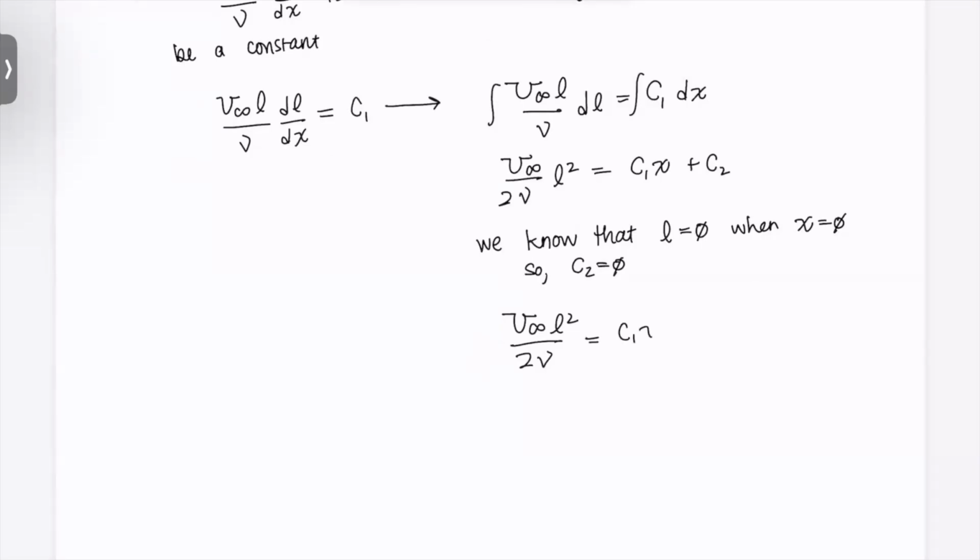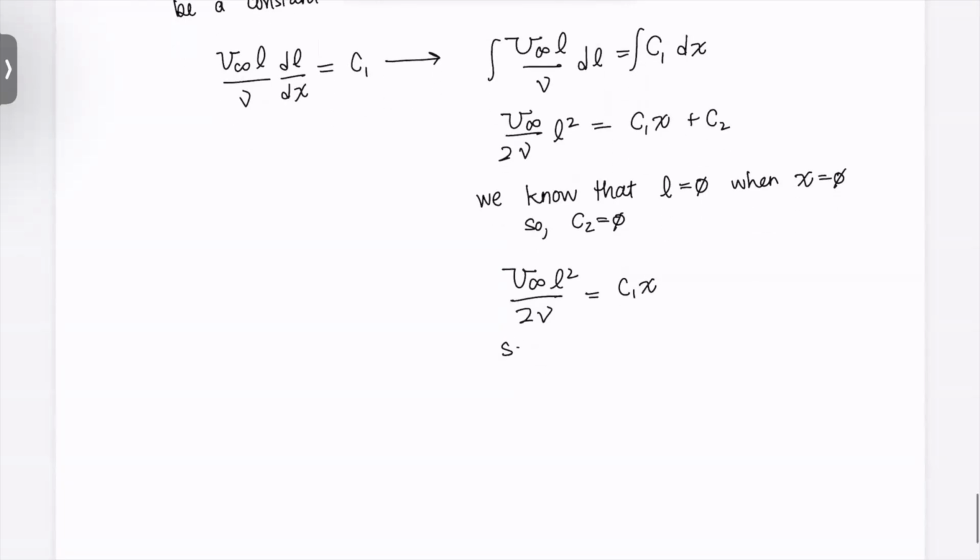So C1x. And then I'm going to solve this for L of x. So this means that L of x is equal to the square root of 2C1 times x times nu over U infinity.